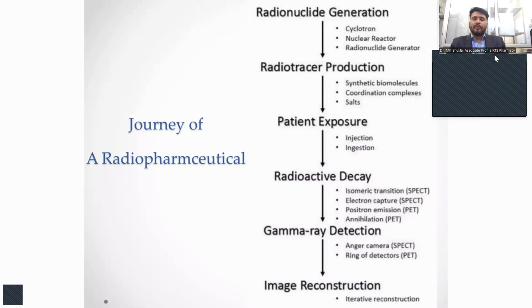Then radioactive decay occurs by isomeric transition and electron capture for SPECT, and positron emission and annihilation for PET. Then gamma ray detection is done by the Anger camera in SPECT and a ring of detectors in PET. Then image reconstruction is performed by iterative reconstruction.